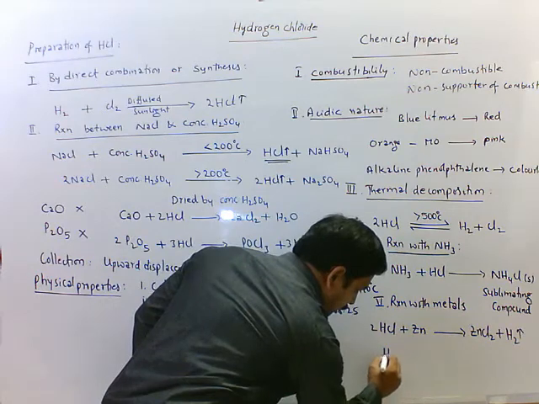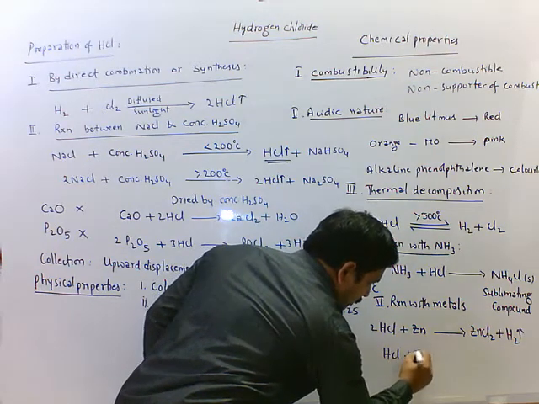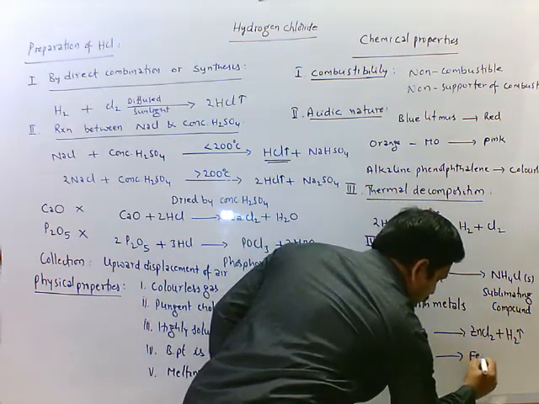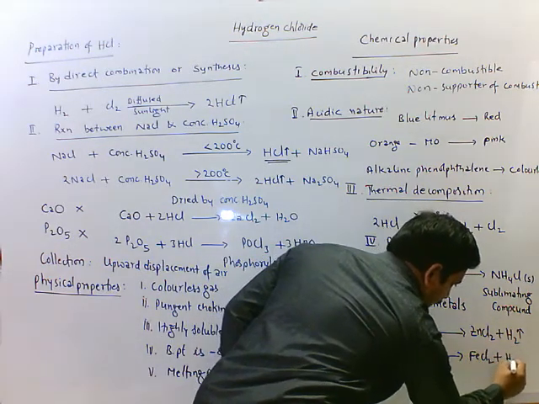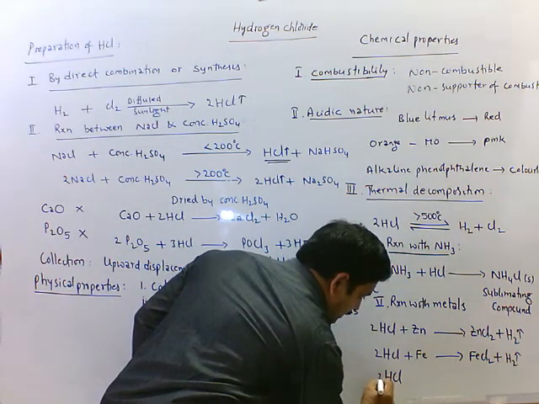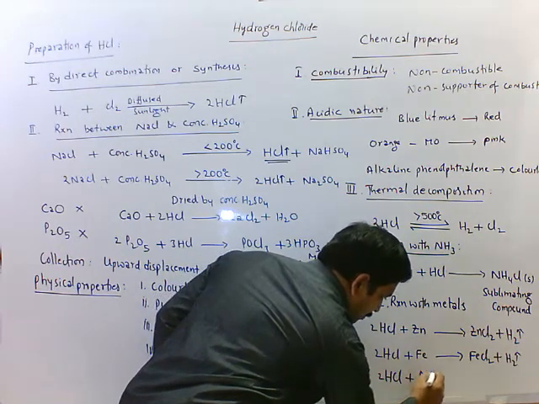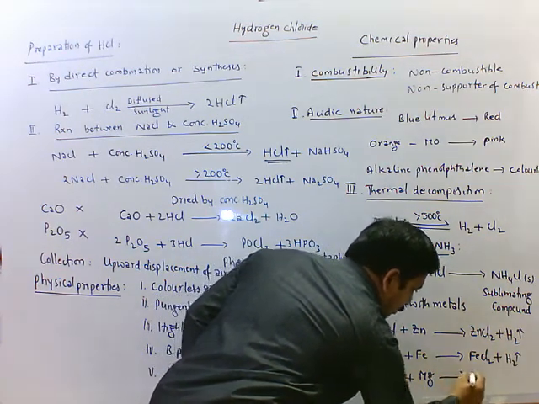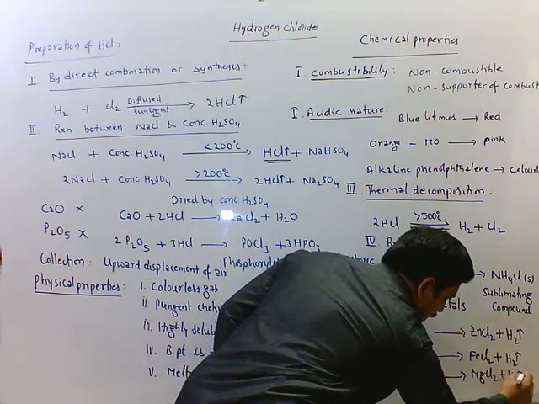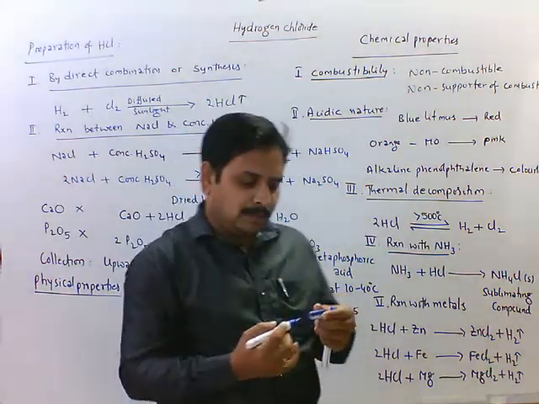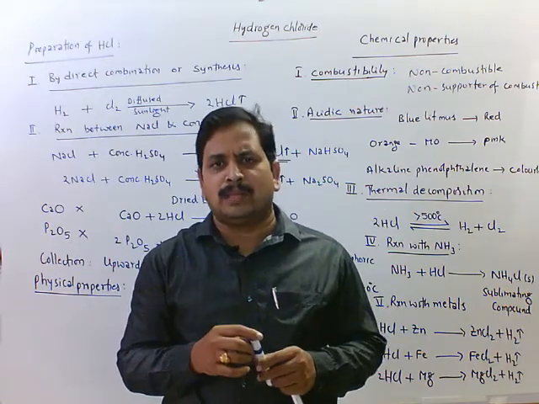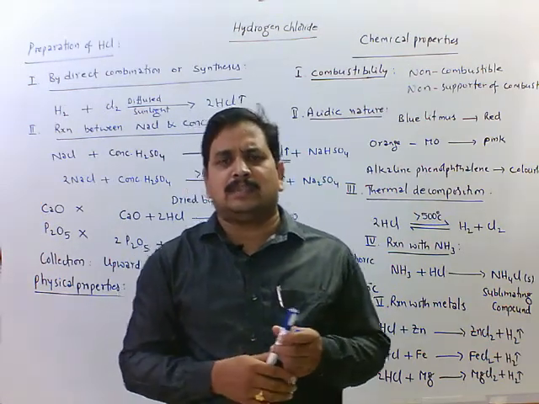And also hydrogen chloride reacts with iron metal, forms ferrous chloride and liberates hydrogen gas. And hydrogen chloride gas reacts with magnesium metal, forms magnesium chloride and liberates hydrogen gas. That means hydrogen chloride gas reacts with metals and liberates hydrogen gas.